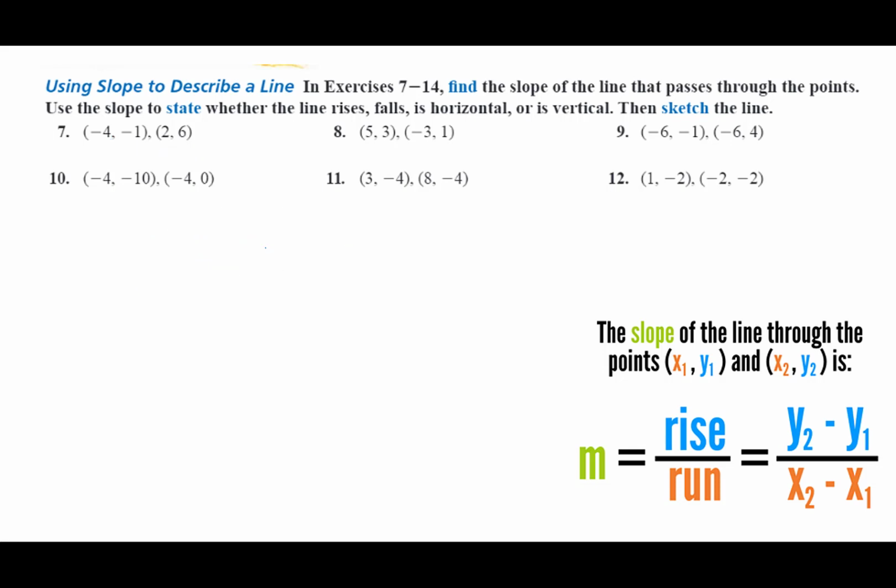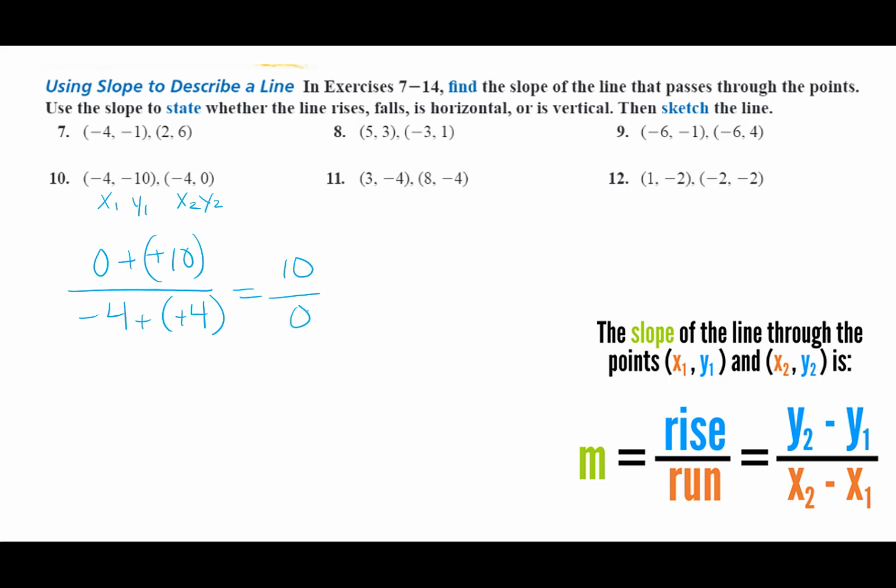Let's look straight down at number 10. Again, name these first ones x1, y1. The second ordered pair x2, y2. This will be 0 minus negative 10 over negative 4 minus negative 4. In the numerator, 0 minus negative 10, we'll add the opposite to get positive 10. Same thing in the denominator, we'll add the opposite. Negative 4 plus 4 is 0.